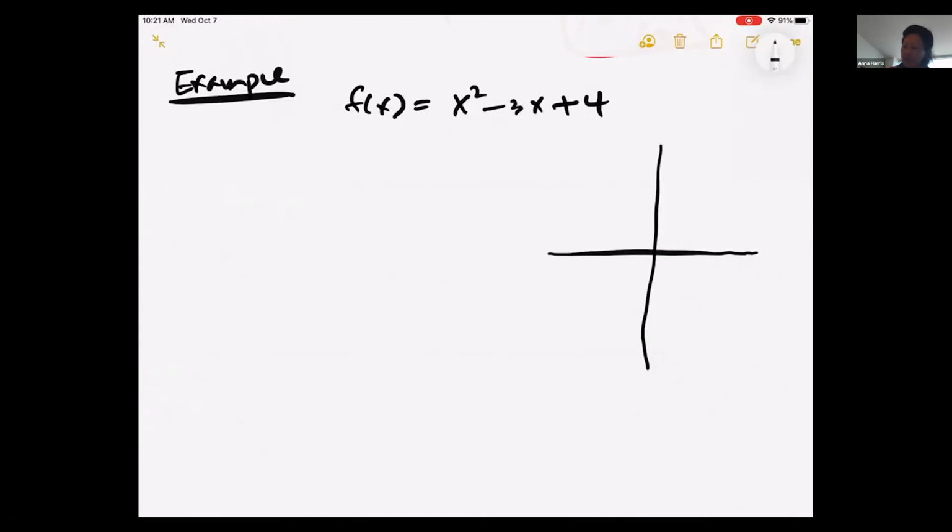Looking at this, the graph looks like what? You go through 1 and -4.